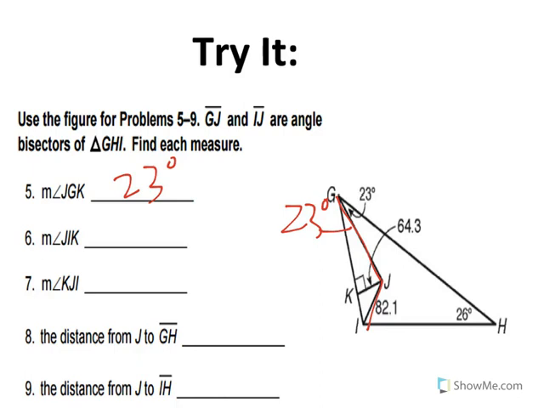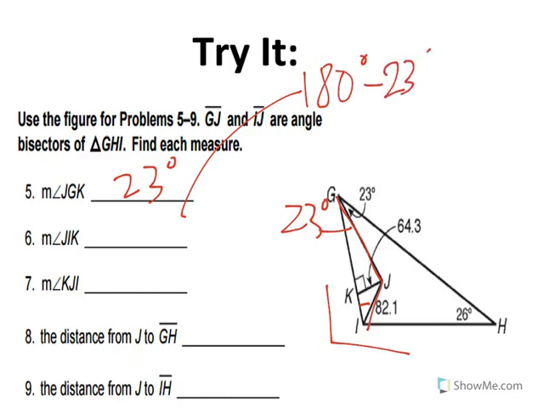JIK is this angle here. First, similarly to the previous example, we need to look for the bigger angle first. So let's do the work here. You take 180 minus 23 minus 23 minus 26.